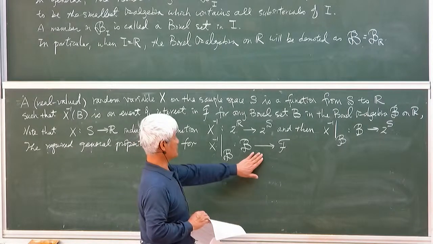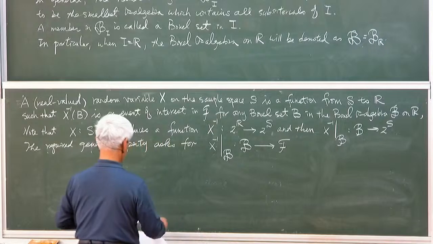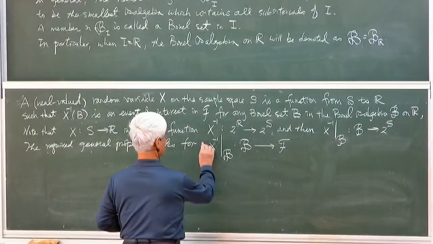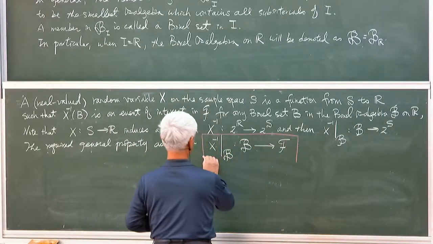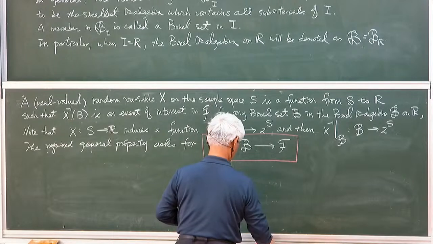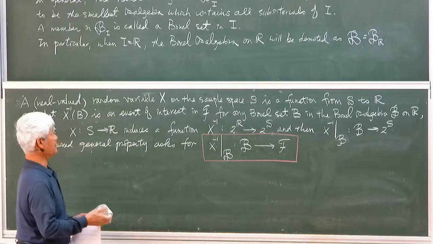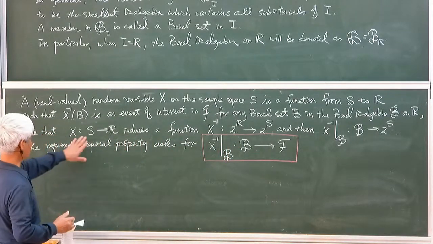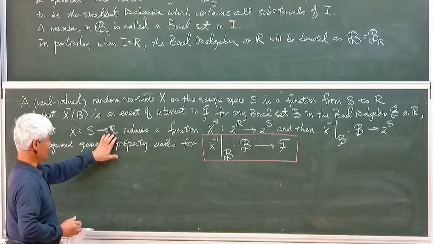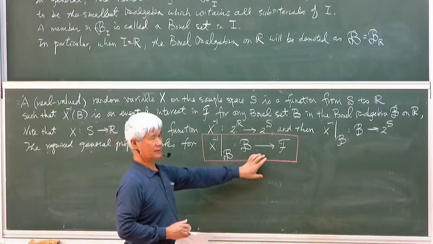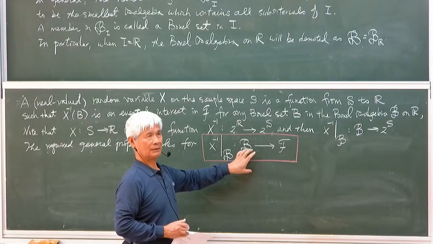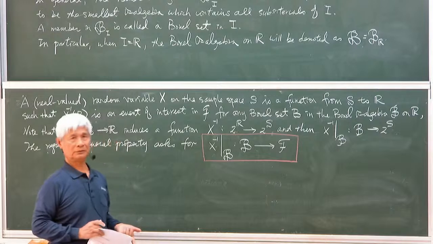So this is the requirement. Any function from the sample space to the set of real numbers satisfying this property is called a random variable.